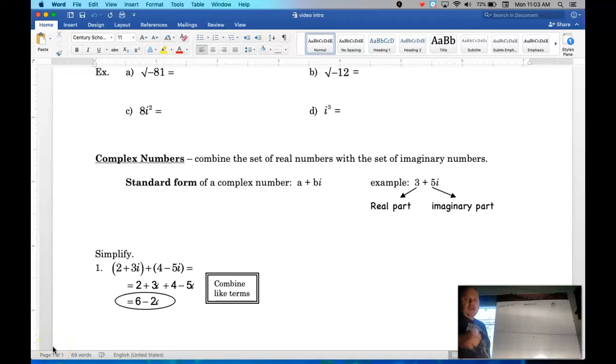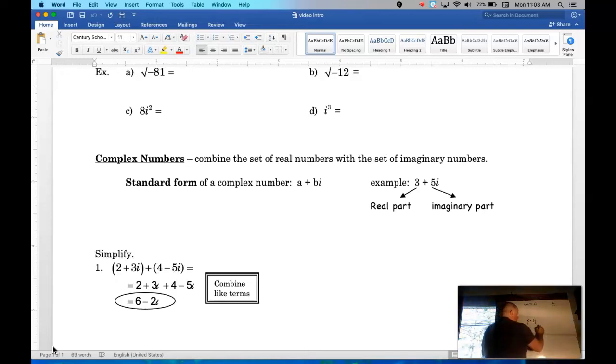All right, so a complex number is a number that has two different parts in it. Like in 3 plus 5i, the 3 is the real part, and the 5i is the imaginary part.